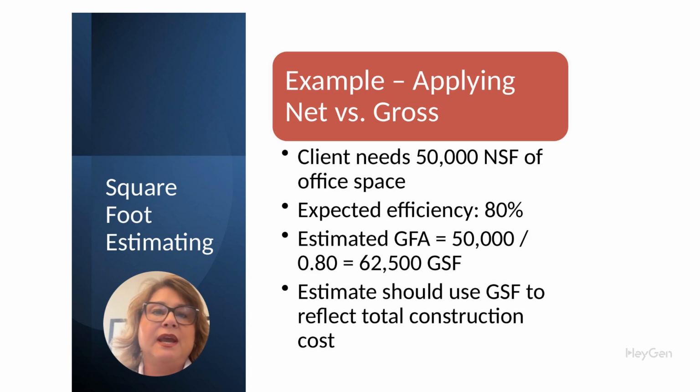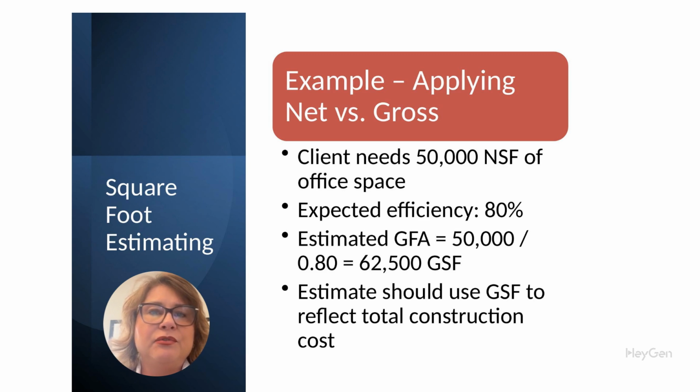This is the space the client actually uses: offices, meeting rooms, workstations, but that's not the full building. We, as estimators, need to price the gross floor area, or GFA, sometimes written as GSF, gross square feet. That includes everything inside the exterior walls: corridors, mechanical rooms, stairwells, restrooms, all of it.